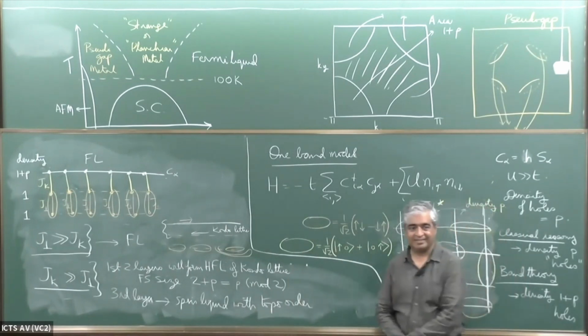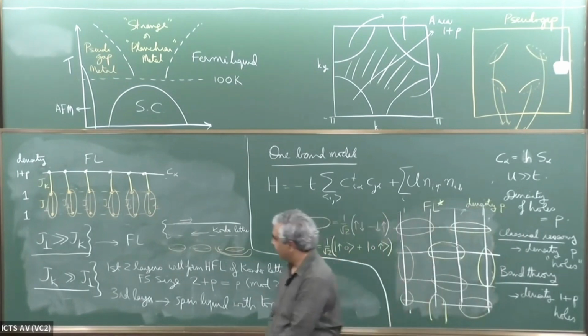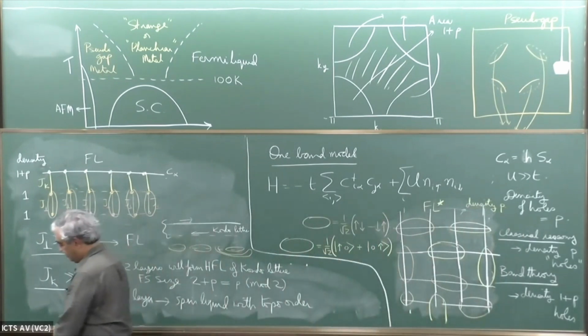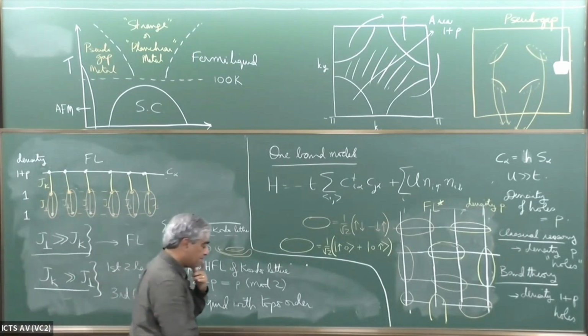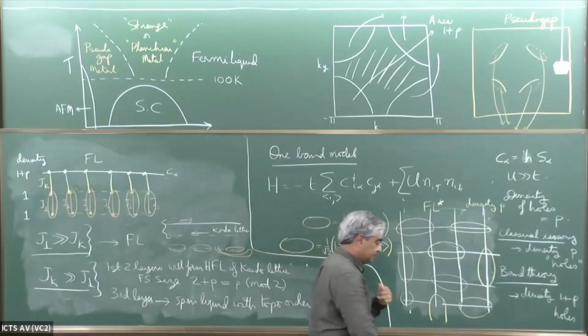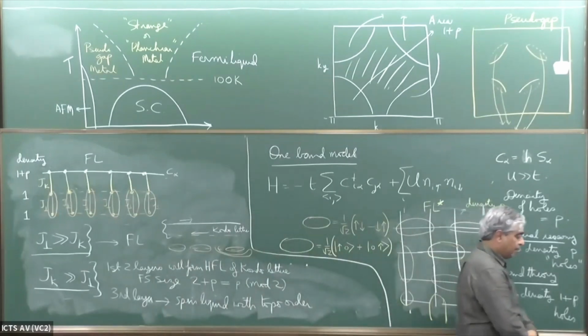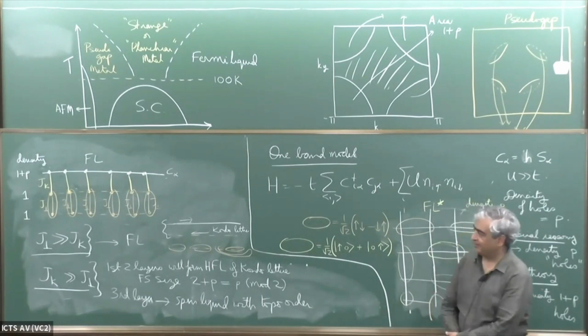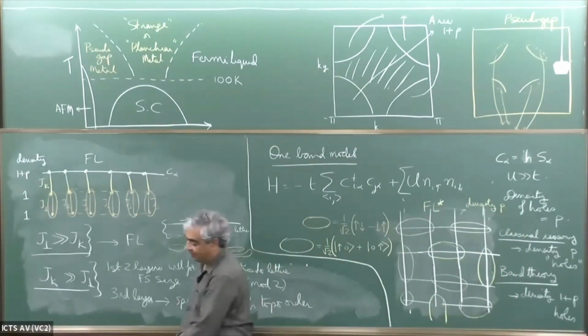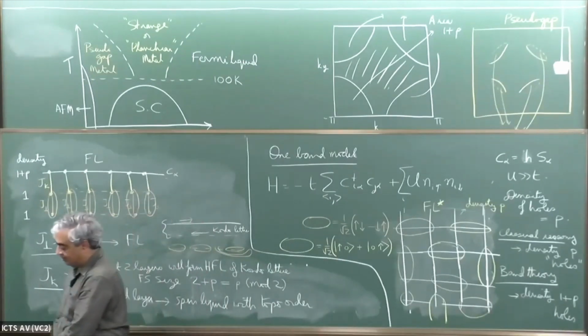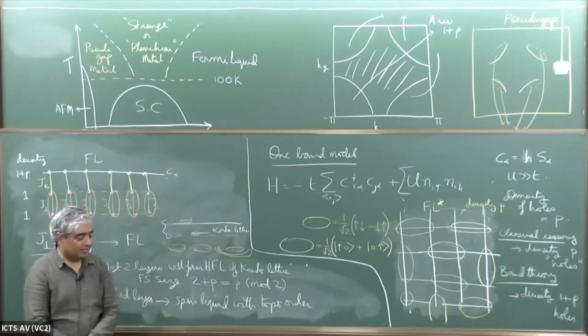Subir? Yes. Is there an actual substance where you see this transition directly between the pseudogap and the Fermi liquid? Because the cuprates don't have that, right? Oh, no, you do. What you have to do is put a magnetic field, a high magnetic field if you want to see it in the normal state.